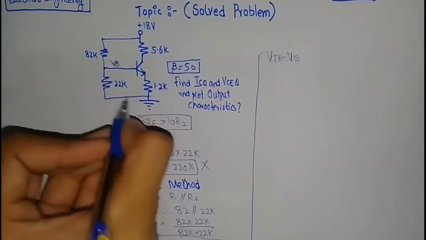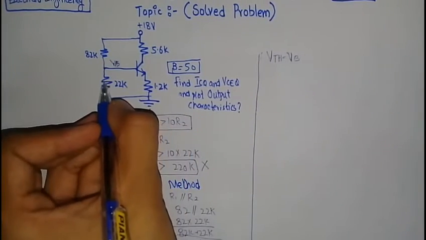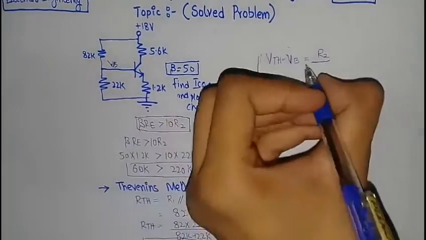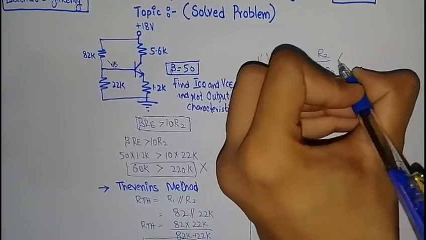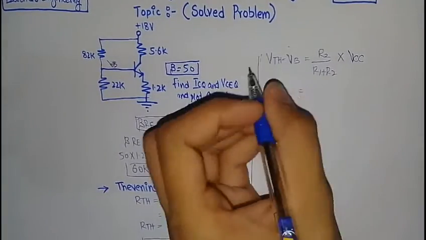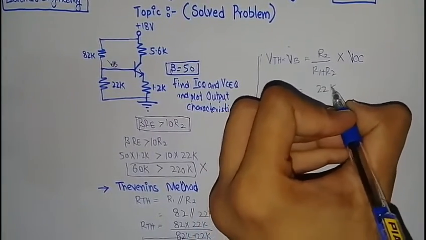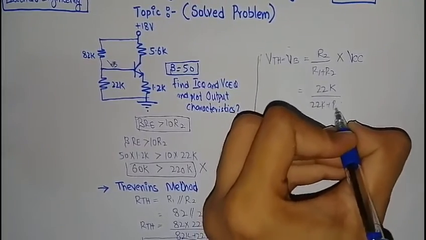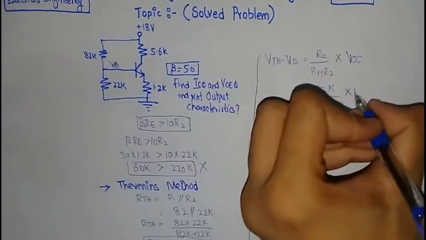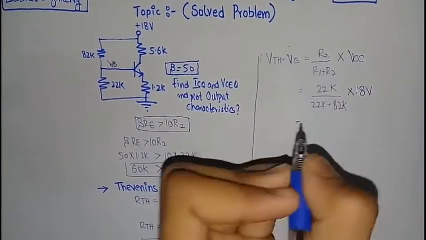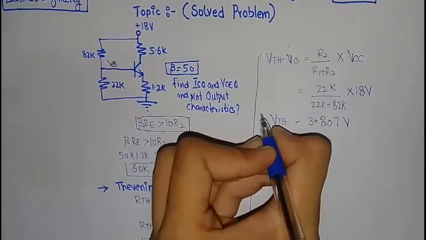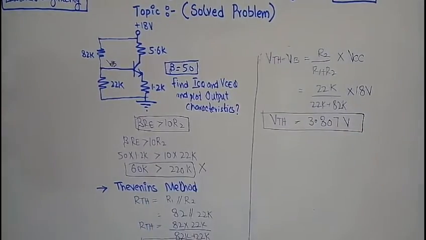From the base voltage to ground there is only one resistance present, so we take R2 divided by the sum R1 plus R2, multiplied with the voltage VCC. So this will be equal to 22k divided by 22k plus 82k, multiplied with VCC of 18 volts. This will be equal to 3.807 volts. This is the value of Thevenin's voltage, or the base voltage.